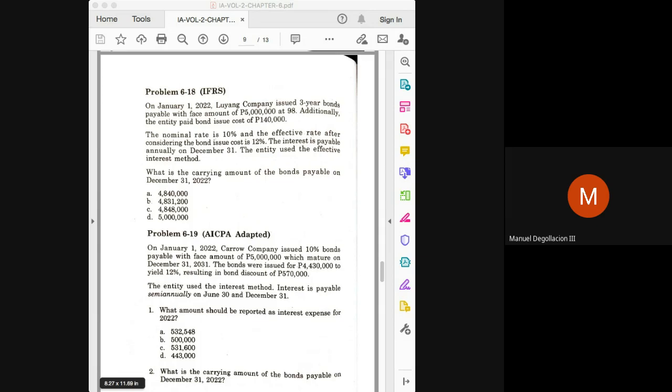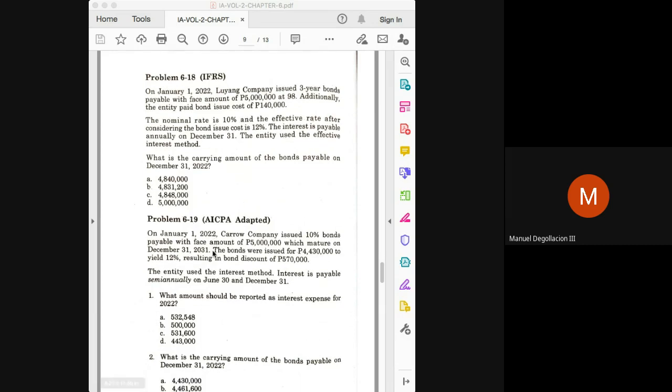In your own time, class, practice with this problem and expand it up to the second year. And also, maybe we will use this problem to point out the difference between the straight line and the effective interest method. Try answering the same set of questions using the straight line method.